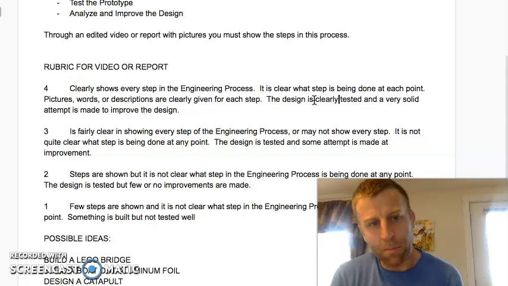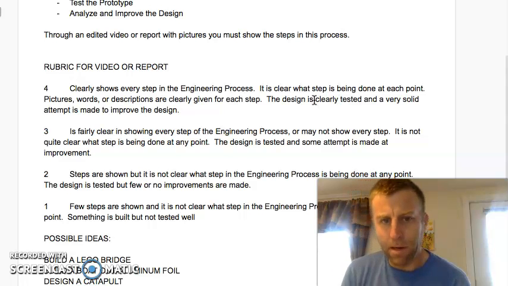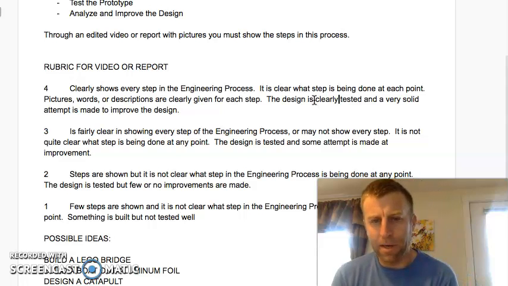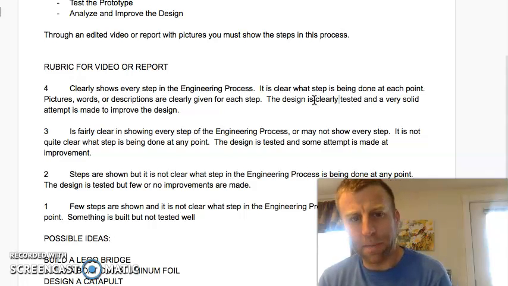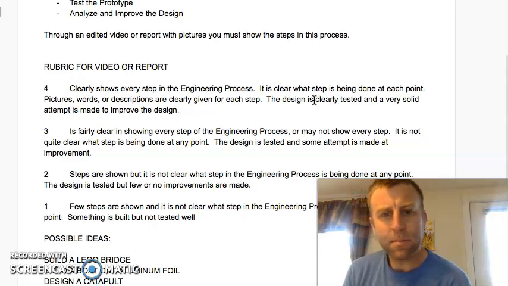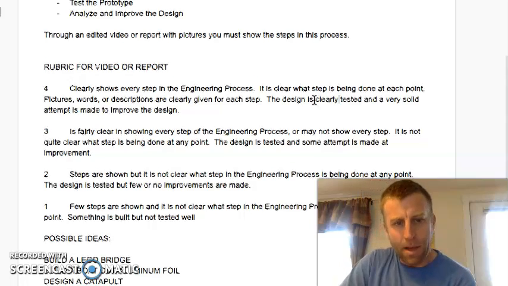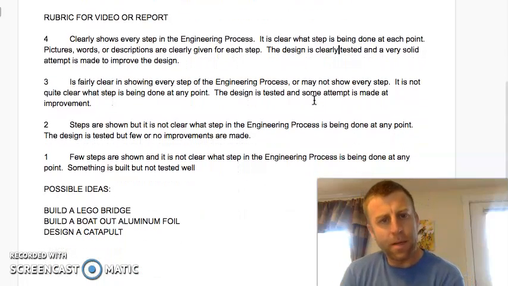All right. If you don't quite have all that, then you'd be maybe at a 3. You're fairly clear at what step you're showing, but might not be real clear, or maybe you skipped some steps and didn't show them in your video or your report. It's not really clear what step you're doing at any point, possibly. You did test something and made some attempt to improve it, but maybe not a great attempt. And then down from that would be a 2.